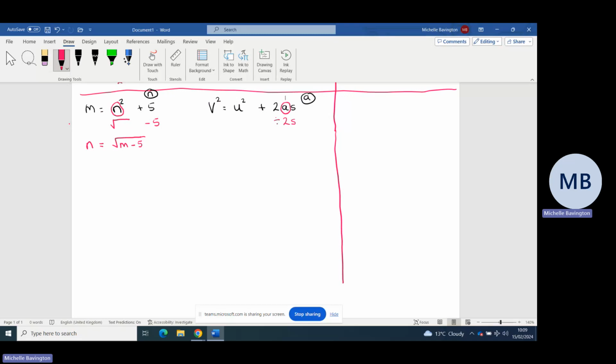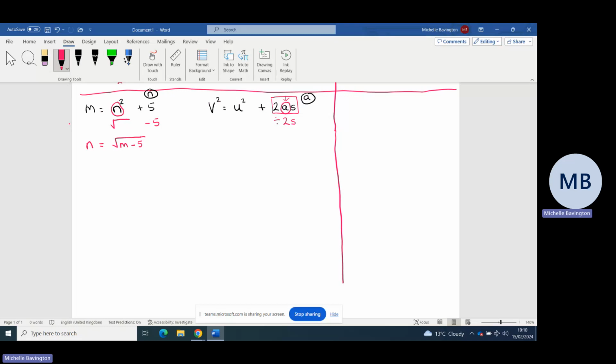Okay, but this A means times. So I'm just looking at this bit. So I've kept the 2 and I've kept the s, but that's a times, so it's a divide. Opposite.